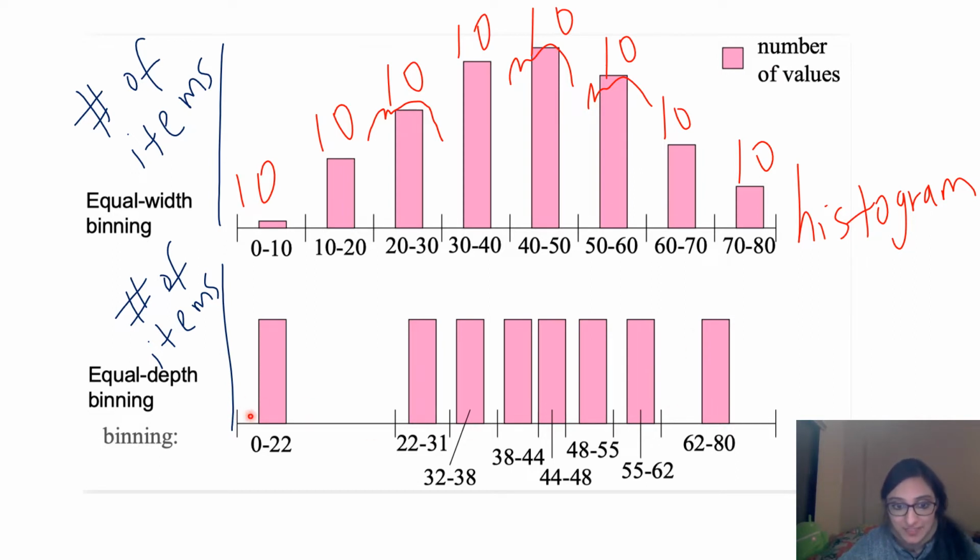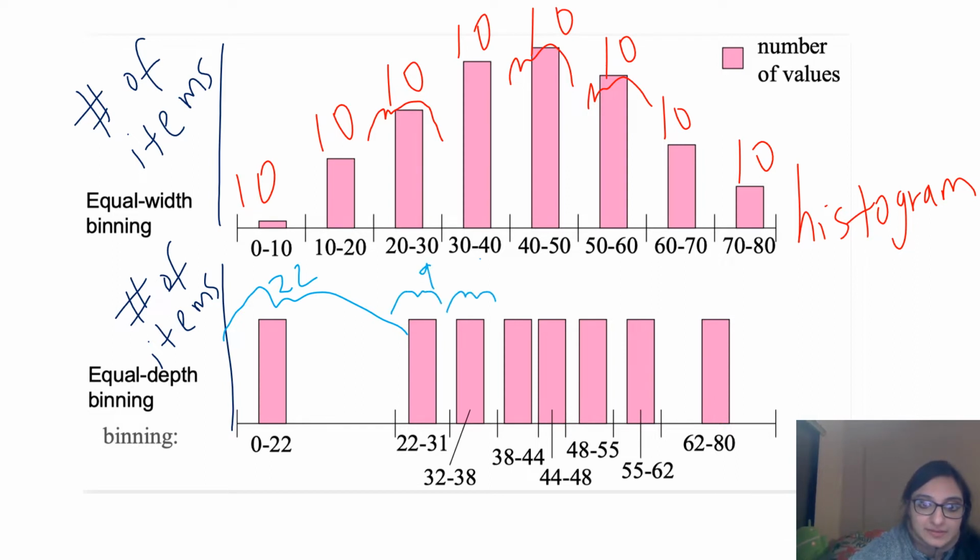It doesn't matter if this one is 22 long, or this one is 9, or this one is 6, or this one is also 6, this one is 18, and this is 7.